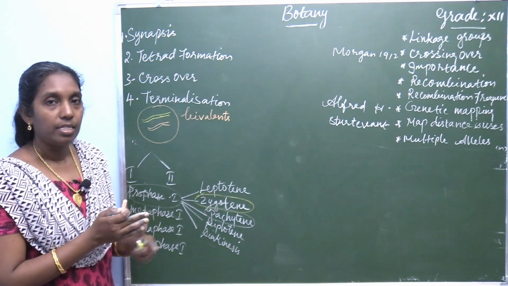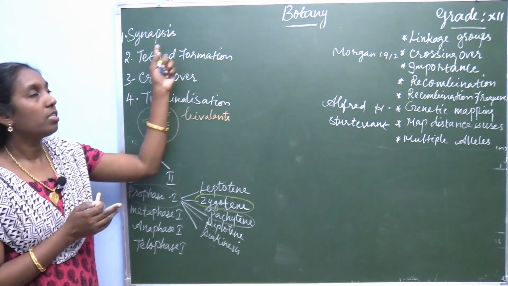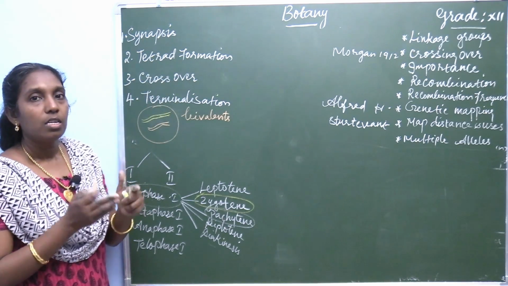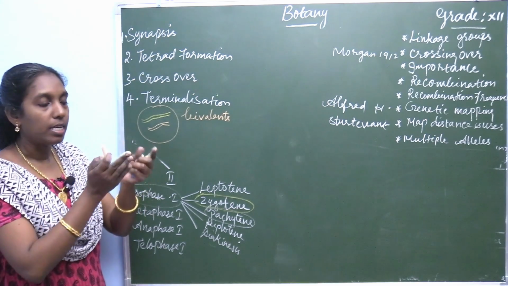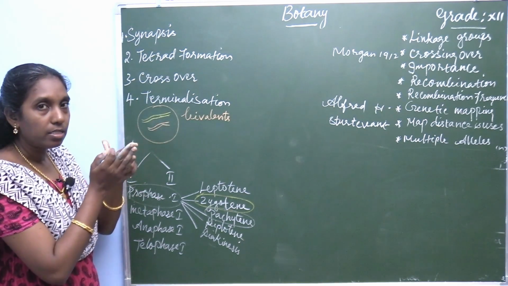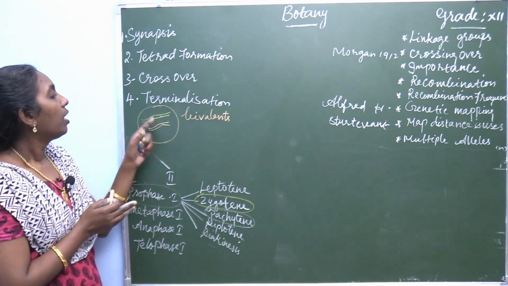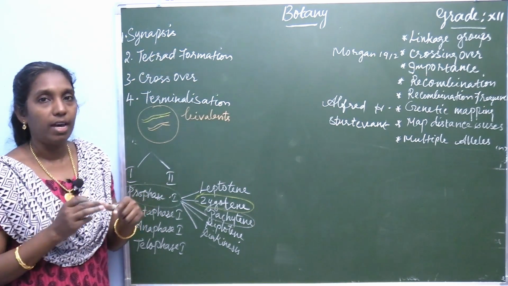During this stage there is initiation of pairing. Pairing is called synapsis. The homologous chromosomes align together very closely, and now these chromatids are called bivalents.